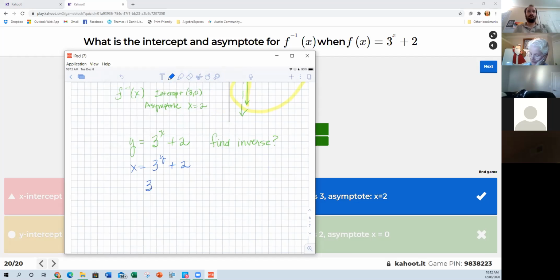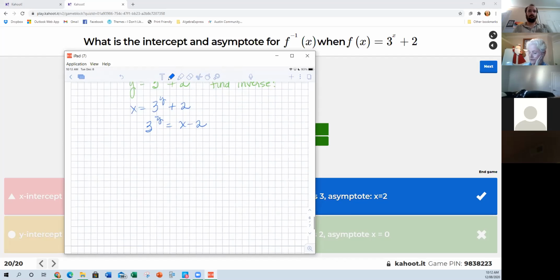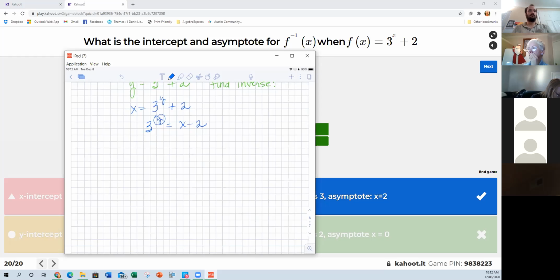So I'll say 3 to the y equals x minus 2. Okay, so I want to get this y by itself, right? How can I get that y by itself? Divide by 3. You're on the right track, but not divide by 3, because that's 3 to a power.